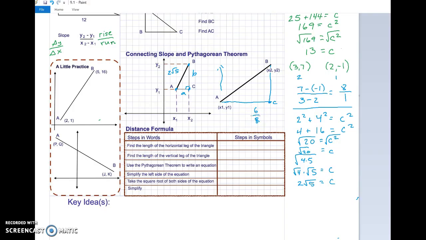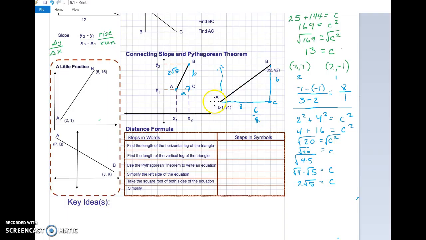And that is the length of my sides, isn't it? Up 6 would be the length of BC, and over 8 would be the length of AC. Do you see how the slope of the line is actually the length of the sides?